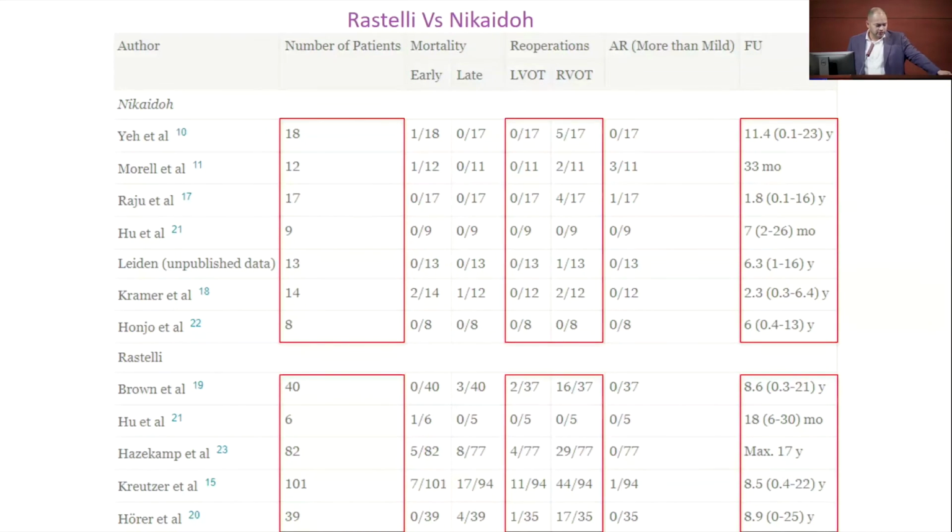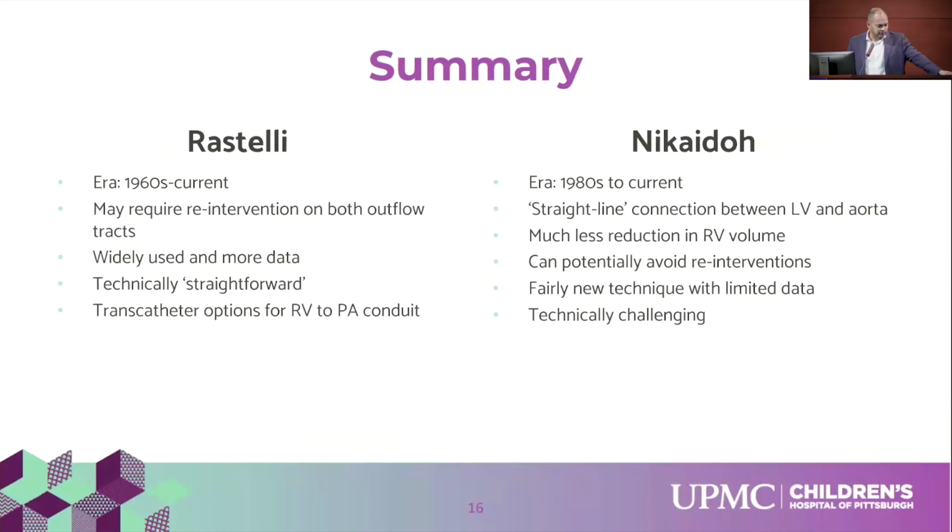But this is the meat of this discussion: reoperations, and a ton of reoperations in Rastelli, and one of the goals of doing the Nikaido is avoiding the reoperations. Though there are RVOT reoperations, none on the LVOT, at least in this near-term data, which I think is important to know when we pick candidates for different surgeries.